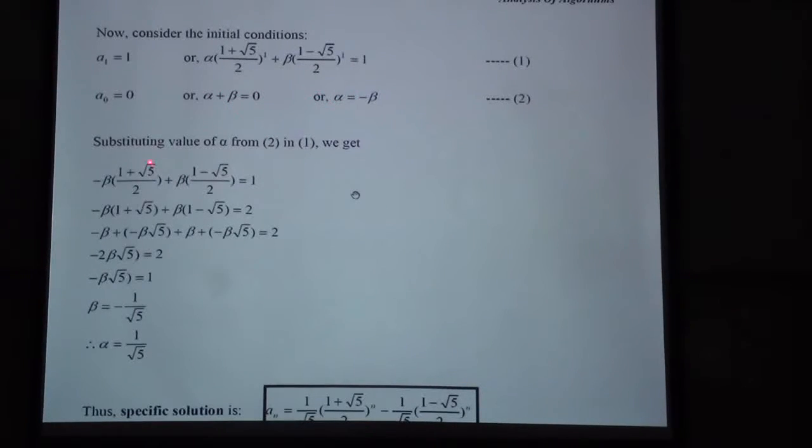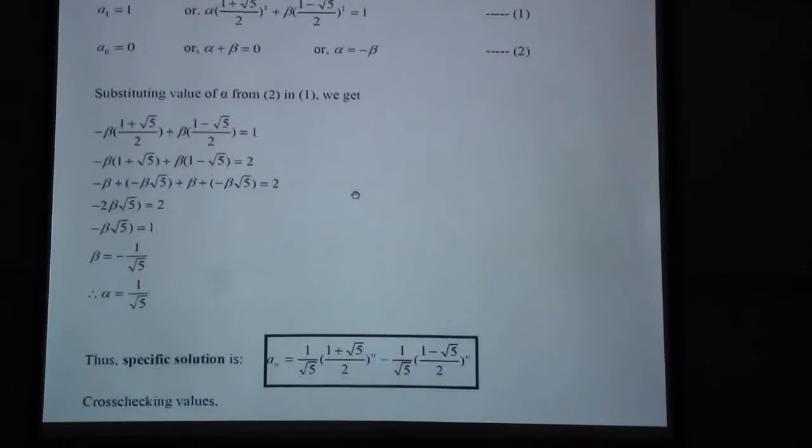So instead of using alpha, I can use negative beta, times this, plus beta times this. That solves the value of beta as negative 1 over radical 5, which implies, since they're opposites, that alpha has to be 1 over radical 5.